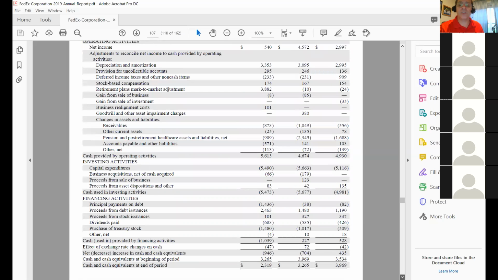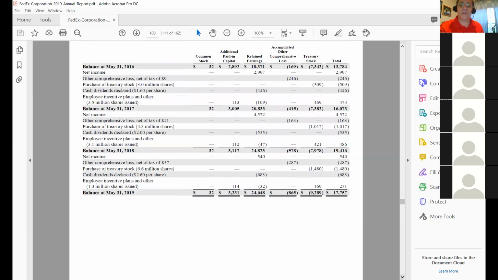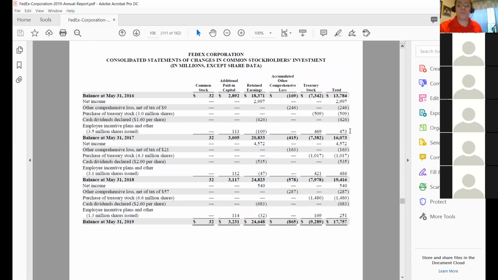Now let's look at this statement of changes in stockholders' equity, which explains how we got where we went. Okay, so remember we saw that their treasury stock at the end of May 31st, 2019 was 92.89. It was 79.78 the year before.